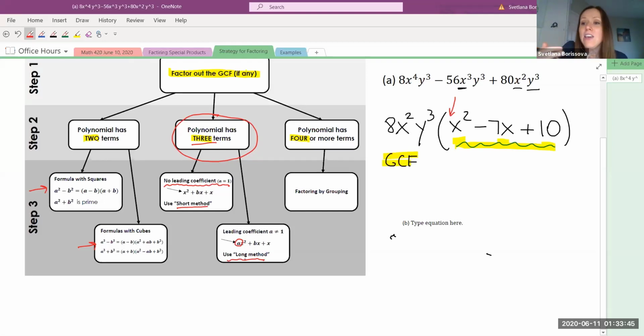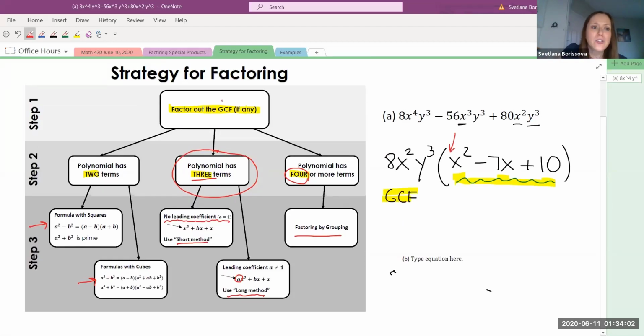And then finally, if your expression inside the parentheses ended up with 4 terms, then you're just going to use factoring by grouping. So this handout is meant to help you decide what method to use, and it's basically by the number of terms. But don't forget to do the first step, which is usually something that gets forgotten.